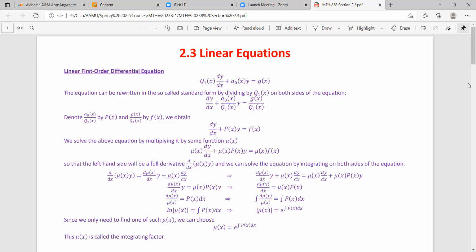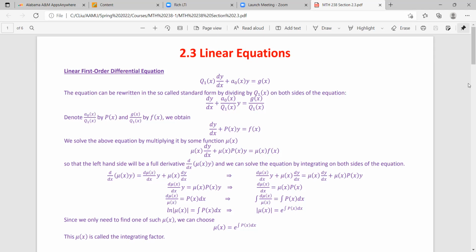Today we're going to discuss another simple case of differential equations that we can actually solve completely analytically. And that's called a linear equation. So we can always solve linear differential equations, it turns out. So just imagine, we have some linear differential equation in the form of a1(x) times dy over dx plus a0(x) times y equal to g(x).